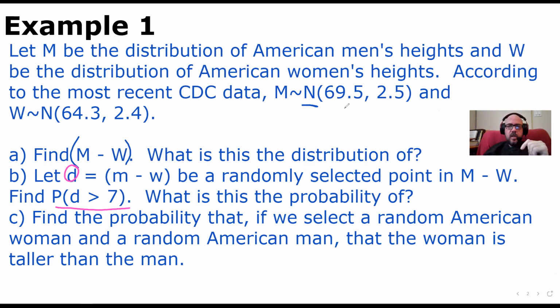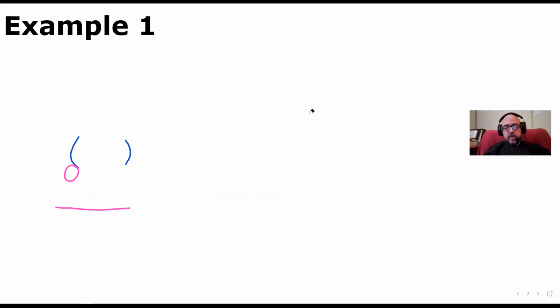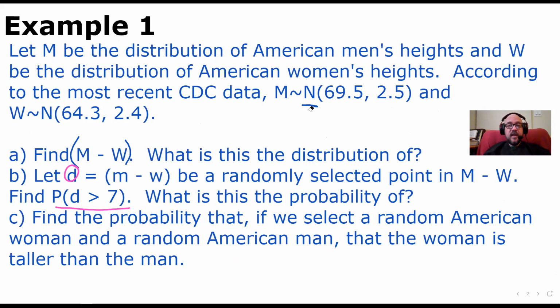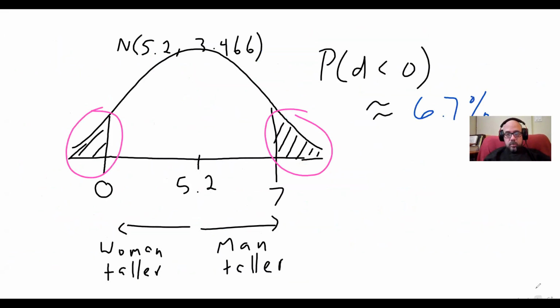Remember that we either need a large sample or a normally distributed population. We don't have a large enough sample, but that's fine, because we have a normally distributed population, so we don't need it. So I'm going to go back over here.